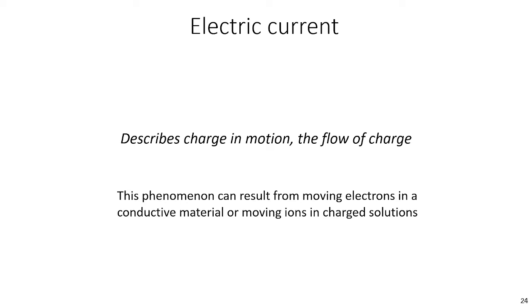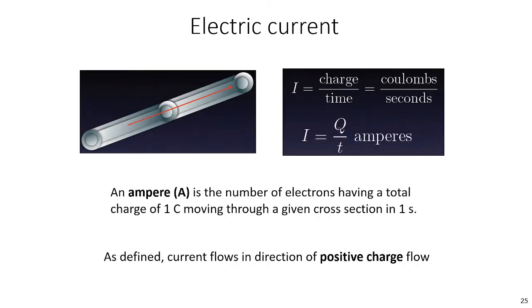We observe the movement of charge and call that phenomenon current. The current flow is the change of charge over time, with unit Coulomb per second, which we call ampere. One ampere is 1 Coulomb moving past that point in 1 second.